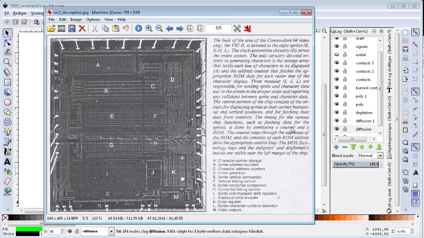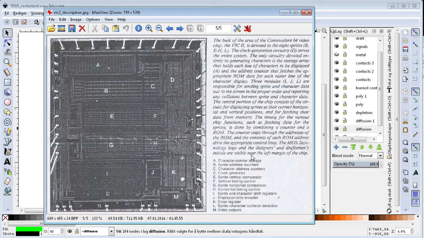Remember that? A counter. That's a very special register in hardware. So they're combining a counter and a ROM. The counter steps through the addresses of the ROM, and the contents of each ROM address drive the appropriate control lines.